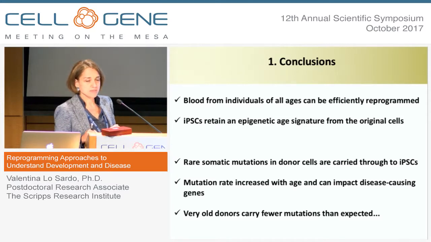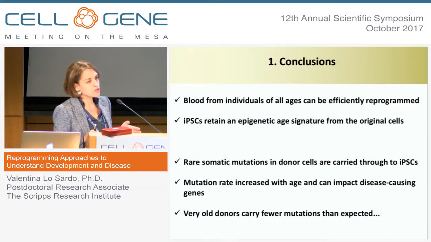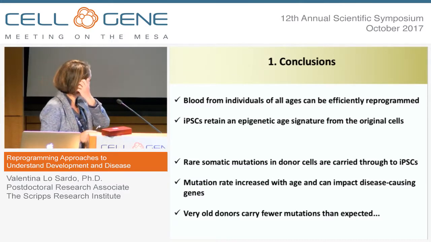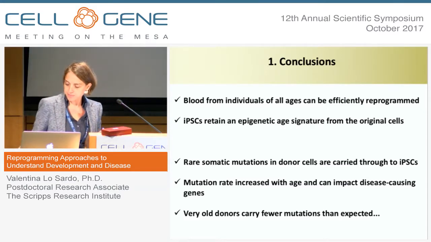This can be erased, but it's something that we need to think about for sure. And the somatic mutations increase over time, so if we are reprogramming older donor cells, just look at the right iPSC clone, the one that has fewer deleterious mutations. And interestingly, very old donors actually have fewer mutations than expected.